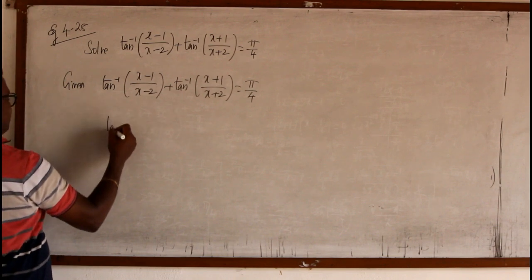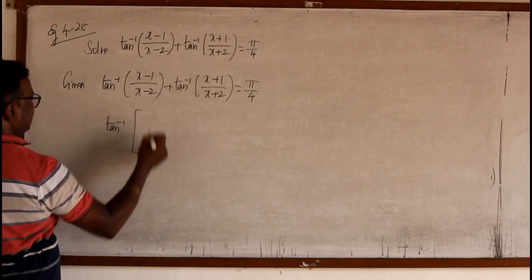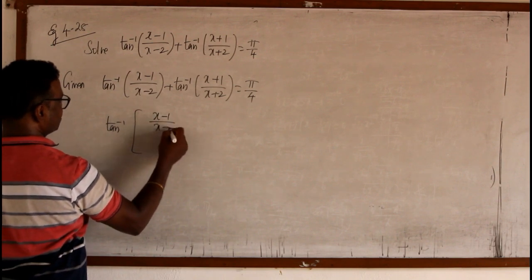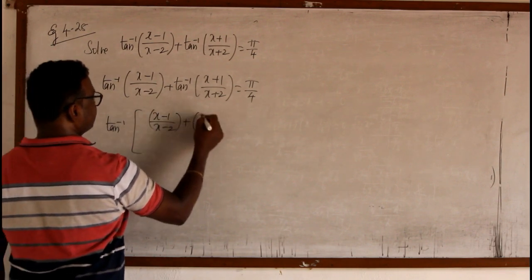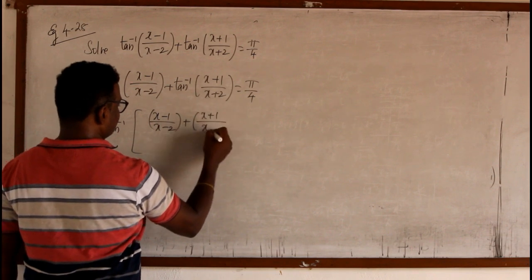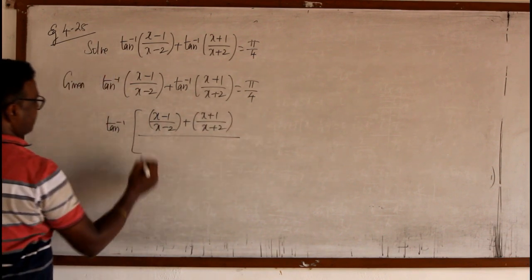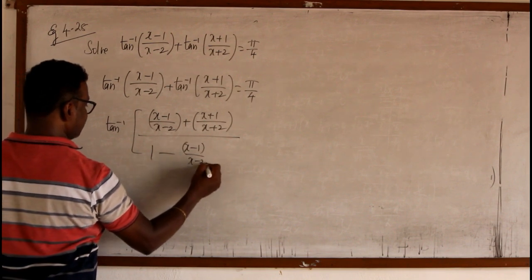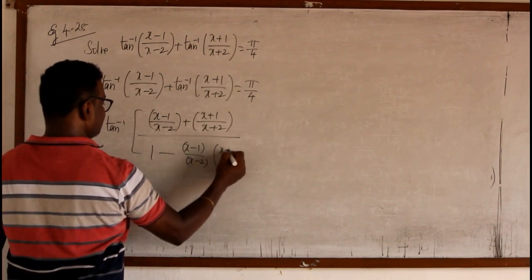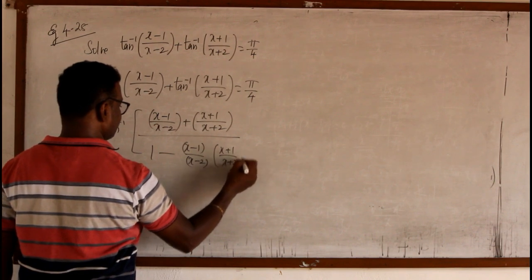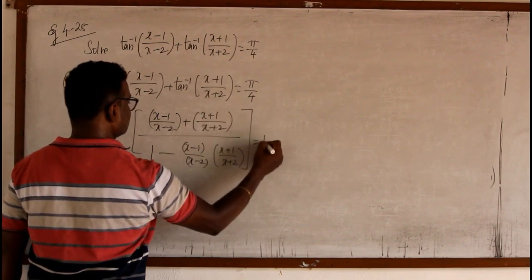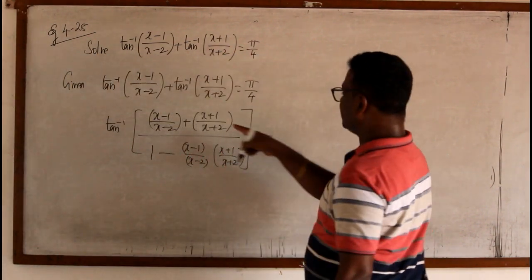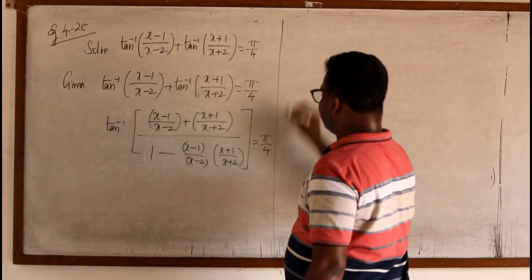Now when I apply this formula, it is tan inverse of a plus b by 1 minus ab: x minus 1 by x minus 2 plus x plus 1 by x plus 2, divided by 1 minus x minus 1 into x plus 1 by x minus 2 into x plus 2. This is equal to pi by 4. Now we should simplify. Let me keep this tan inverse this side.